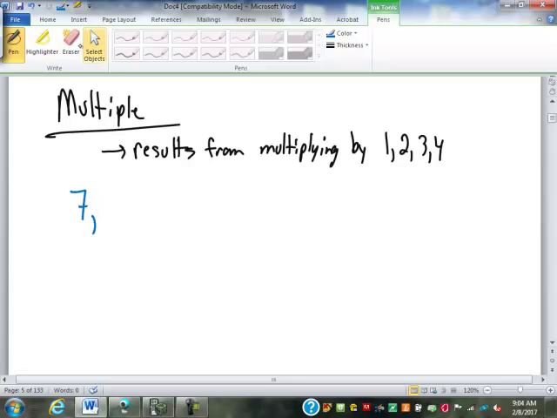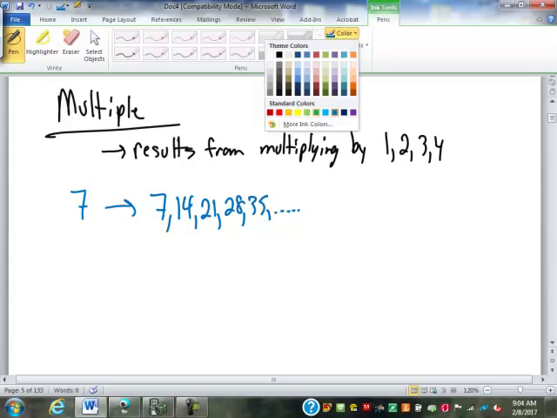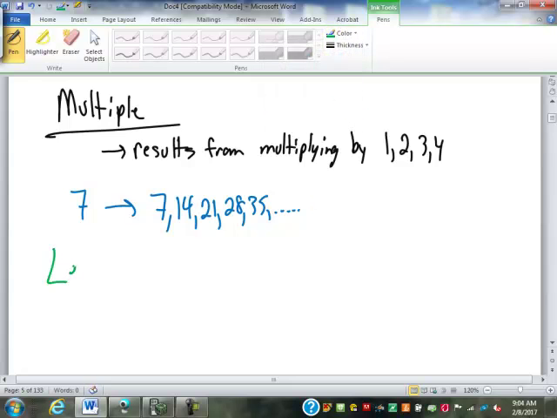The multiples of 7 are 7, 14, 21, 28, 35, and so on. All right? You keep going. Multiples, as you can see, are at least the size of the number or they are bigger. They're never smaller than a number.